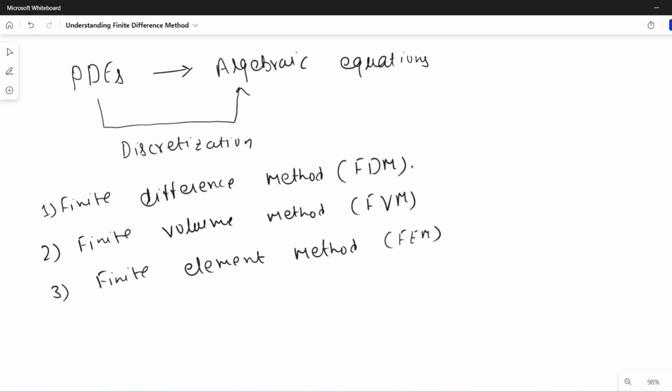Among these three, the finite difference method is the most intuitive one. It is the most intuitive one and it is simple to understand.